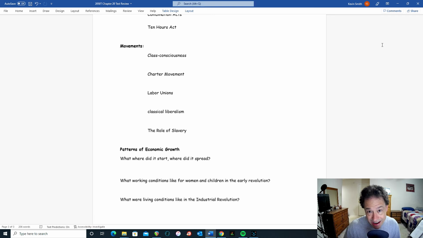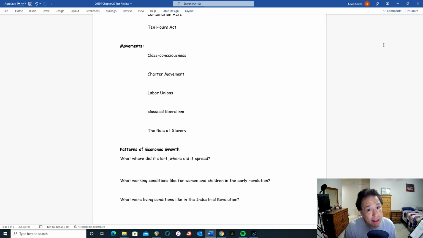Classical liberalism. So classical liberalism is not like modern liberalism as we understand the word liberalism today. And in many ways, it's the exact opposite. Liberalism, as in things that made business owners more free to operate in the economy, is called classical liberalism. Classical liberalism is guided by the ideas of Adam Smith.